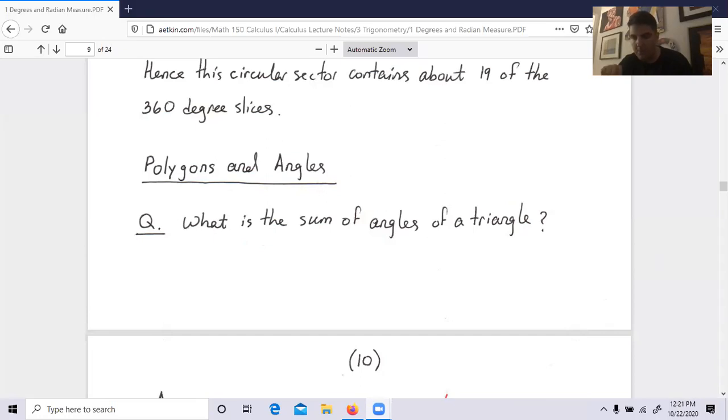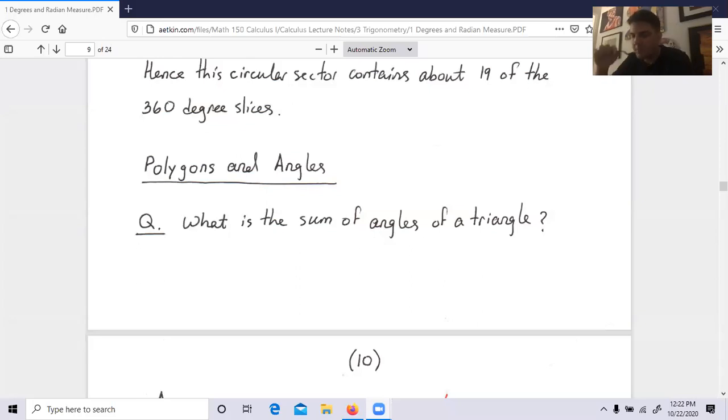Pi. Okay. Come on, what about the rest of you guys? You know what the sum of angles of a triangle is? Guys, 180 is wonderful, but think about radians, okay?